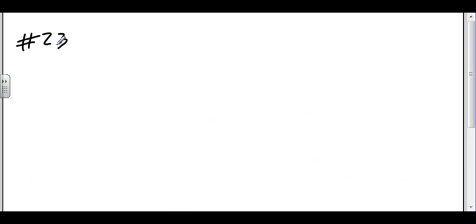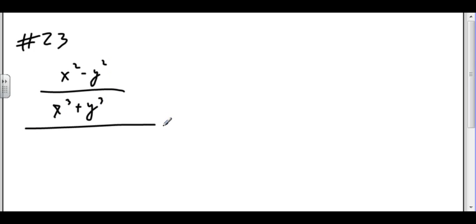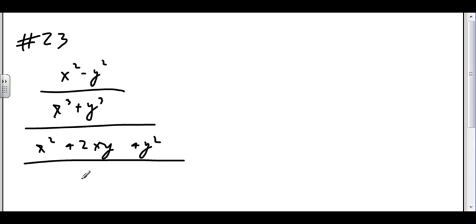Oh, you gotta be kidding me. Can you imagine? x squared minus y squared, x cubed plus y cubed. How did the author get this one right anyway? x squared plus 2xy plus y squared divided by x squared minus xy plus y squared.